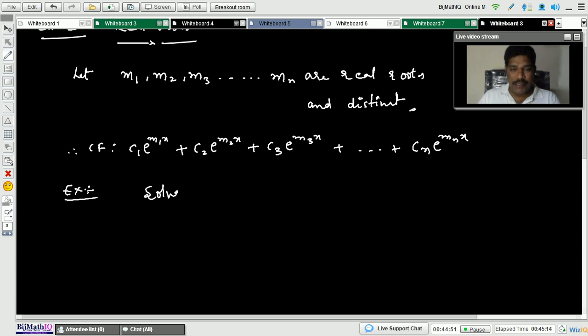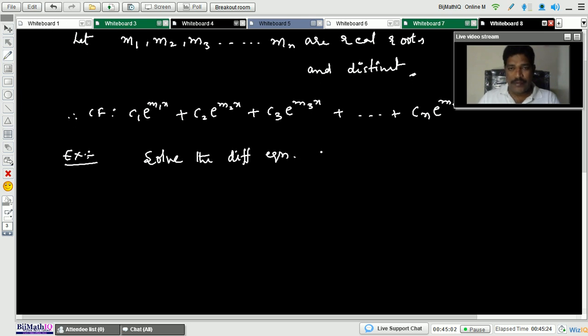Example. Solve the differential equation. For example, here I am taking the second order only: d square y by dx square plus 4 into dy by dx plus 3 equals to 0.